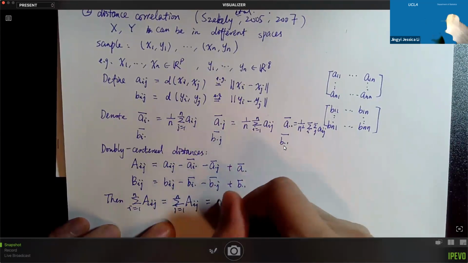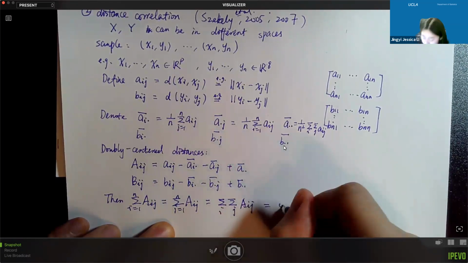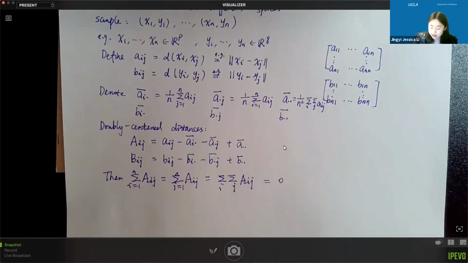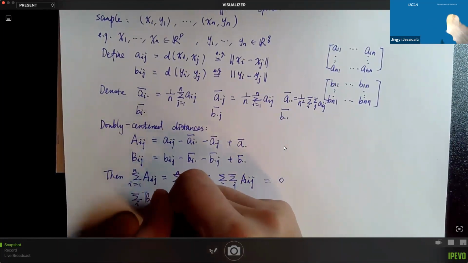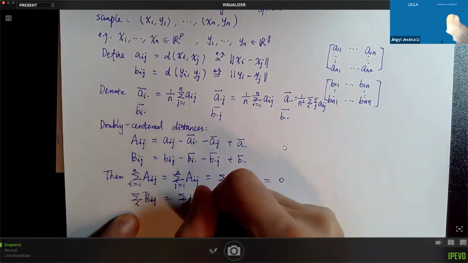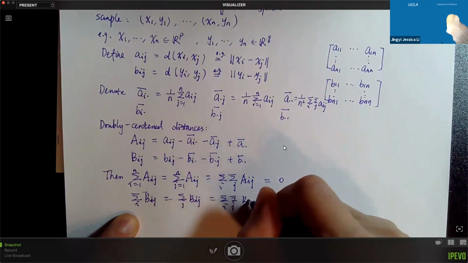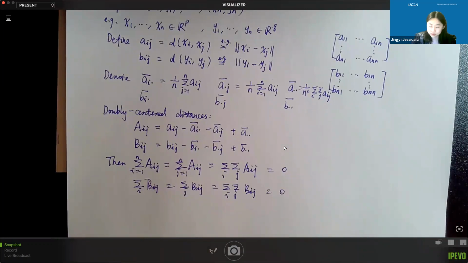And the overall sum over i and j of Aij is still 0. So I will have this nice property for the doubly centered distances, and the same conclusion holds for the Bij's: the sum over i of Bij equals the sum over j of Bij equals the double sum of Bij, which is also 0. Okay, so with those, we define what we call the sample distance covariance.